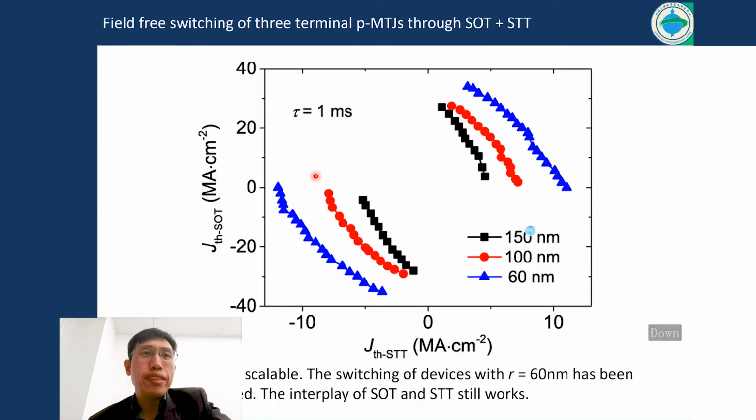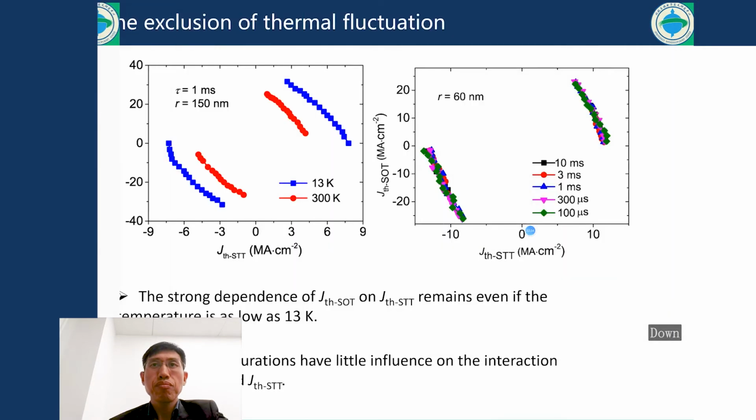We tried different device sizes, and you can see that this combination and interaction is very reproducible for different devices with different sizes. Here this is 60 nanometer, this is 100 nanometer, and 150 nanometer. We also tried different temperatures.